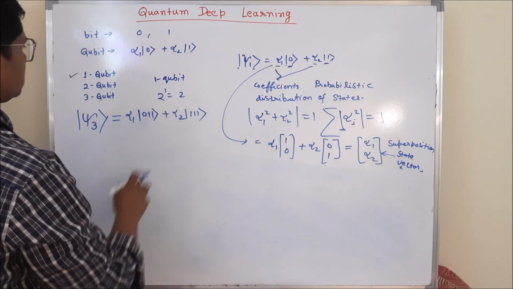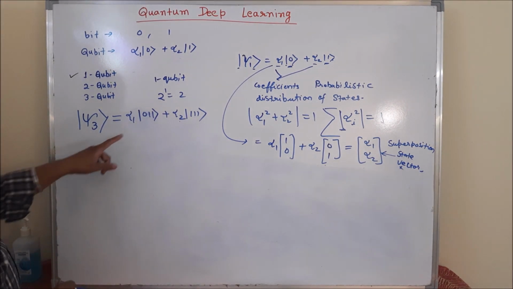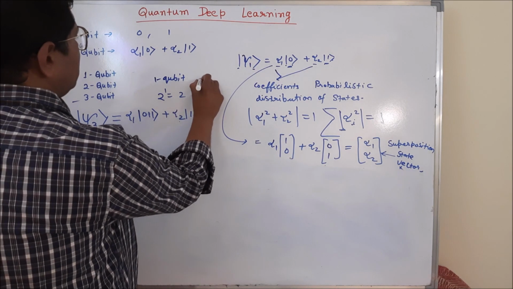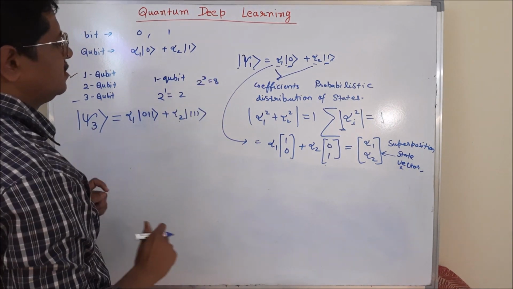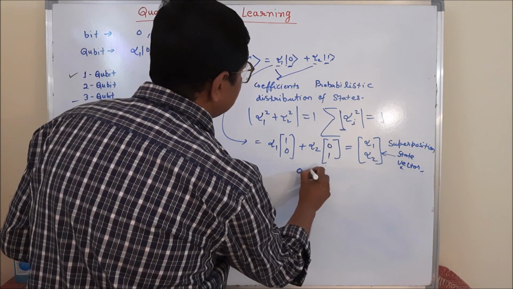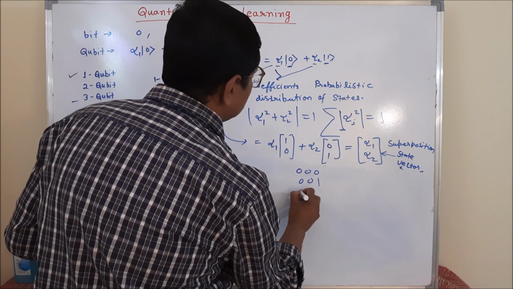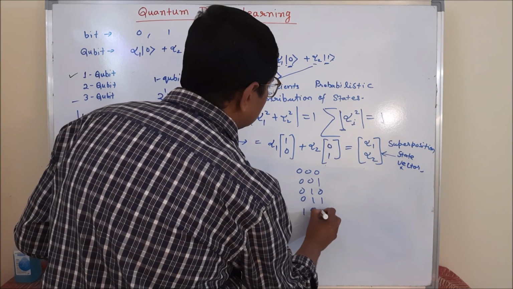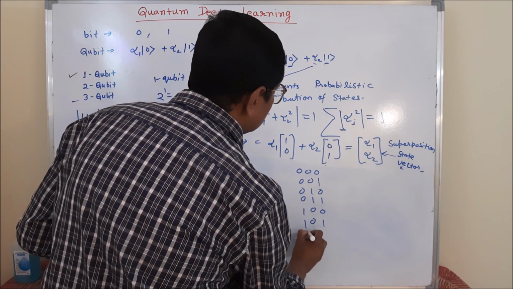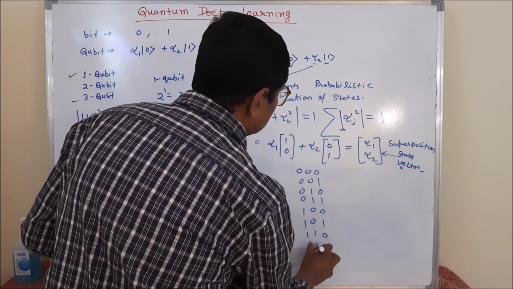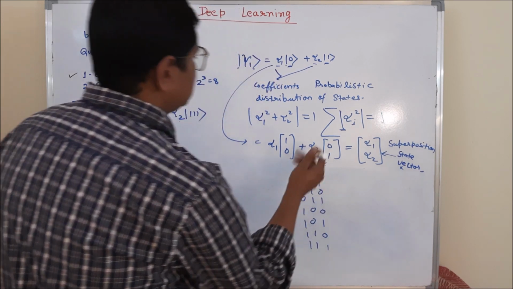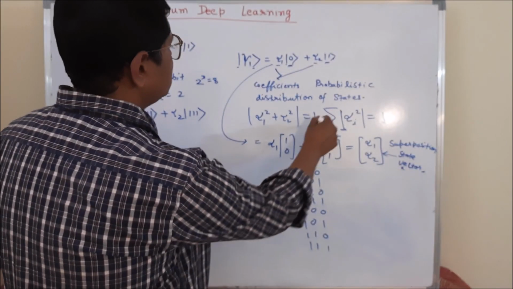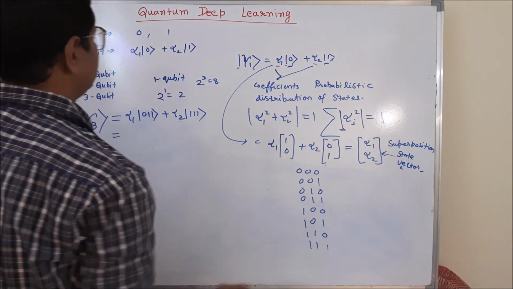Very simple. Just understand that this is a 3 qubit system, so we will have 2 to the power 3 equal to 8 states. Just try to identify which are the 8 states. So these are the 8 states. Instead of calculating the tensor product or anything, you can directly take this reference.